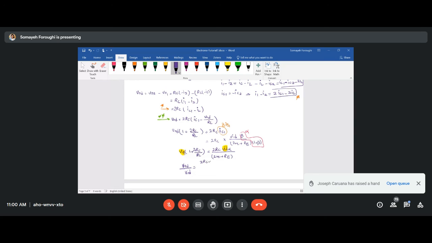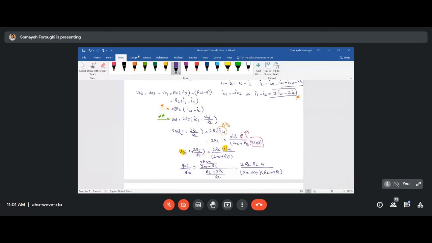So it will be 2RC alpha over this, over RL plus 2RC over RL. So finally, it will be 2RL RC alpha over 2re plus that capital RE times RL plus 2RC. I think this is it. That's the last. Yes, that's it. So we found the voltage gain here as well.